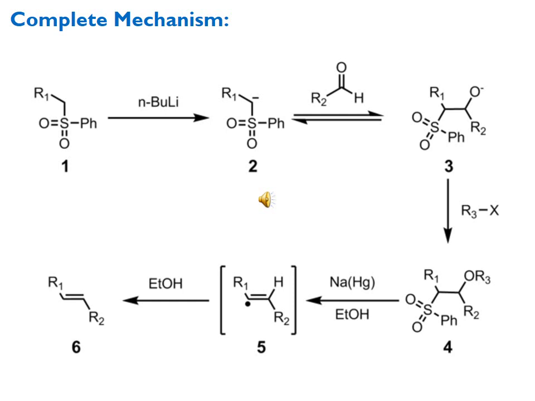This intermediate is treated with sodium amalgam in the presence of ethanol, and through a single electron transfer mechanism we get the alkene. This is the overall mechanism, and now we shall discuss each step of this mechanism in detail.